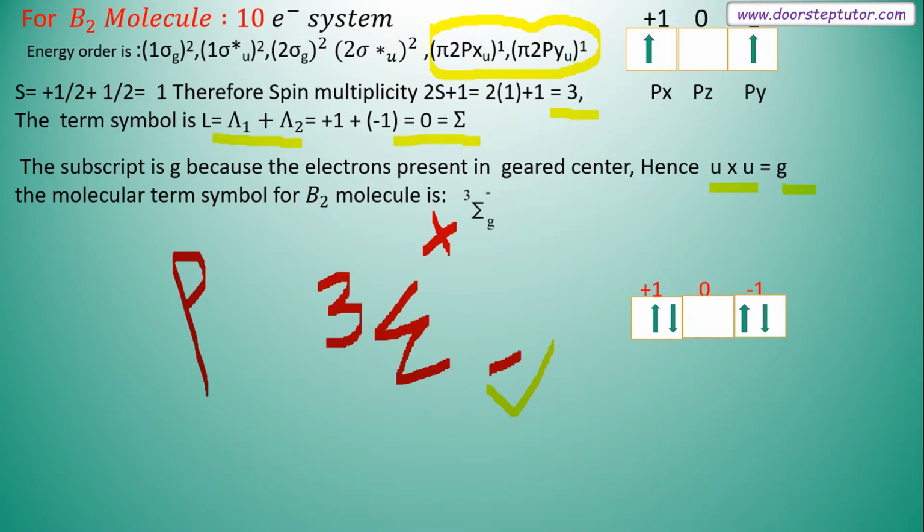If the spin multiplicity value is 1, then you assign the superscript as positive. This is a very important concept. Clear, students? If the electrons are present in p orbitals, then focus: if the spin multiplicity value is 3, you assign a negative superscript; if the spin multiplicity value is 1, you assign a positive superscript. Clear, students? So this is very important.